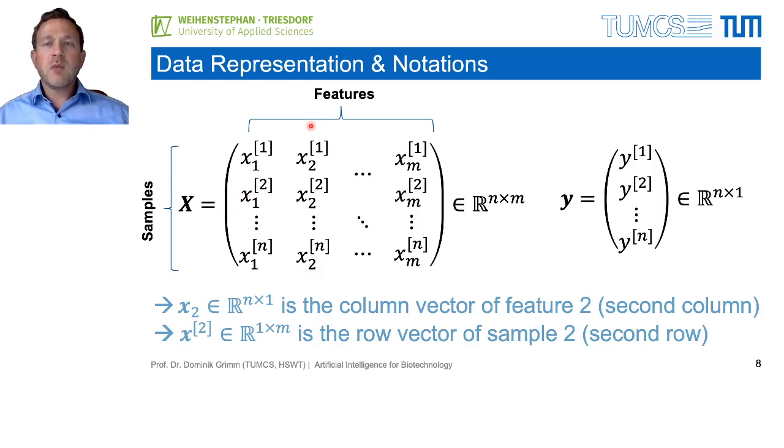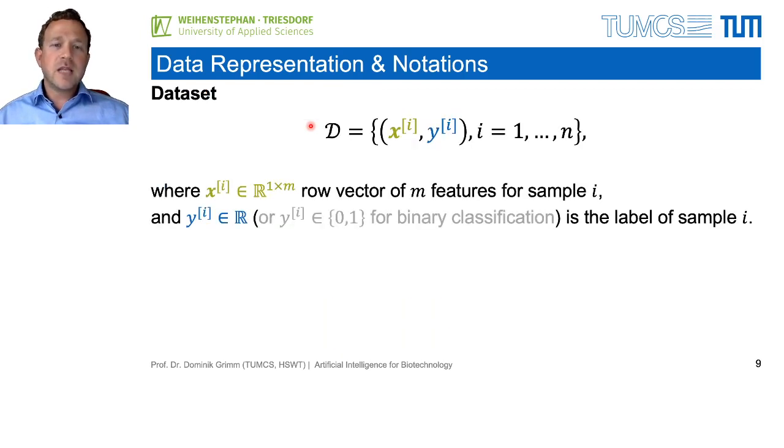And with this we can now define what a data set is. So a data set is a set of the following tuples. We have here a tuple, bold lowercase letter x superscript i, and then y superscript i, and this is a tuple for all my n samples.